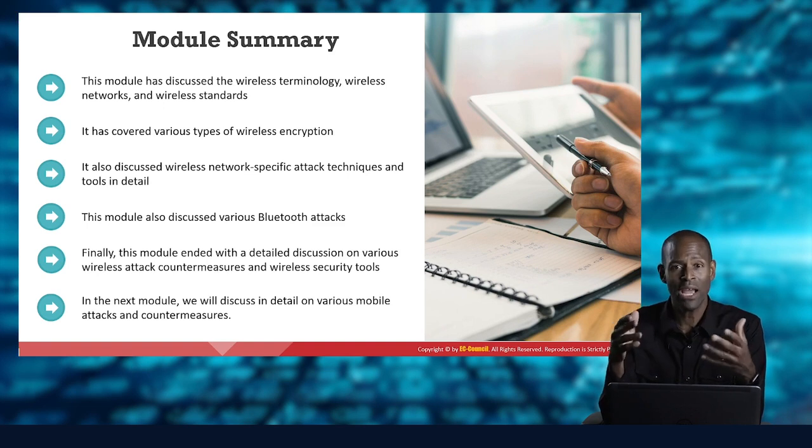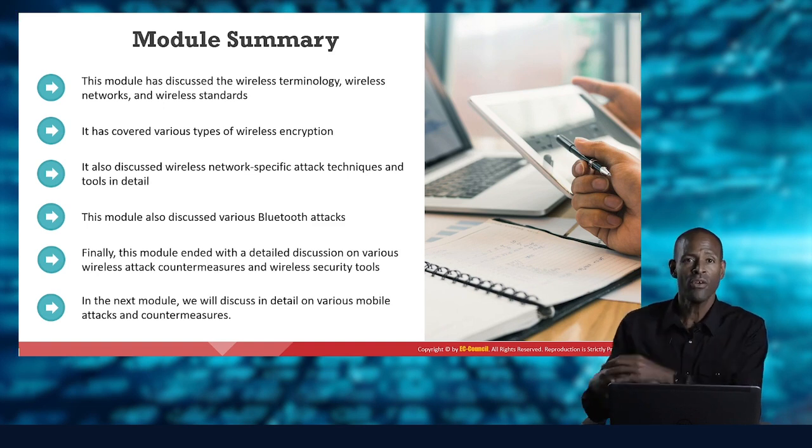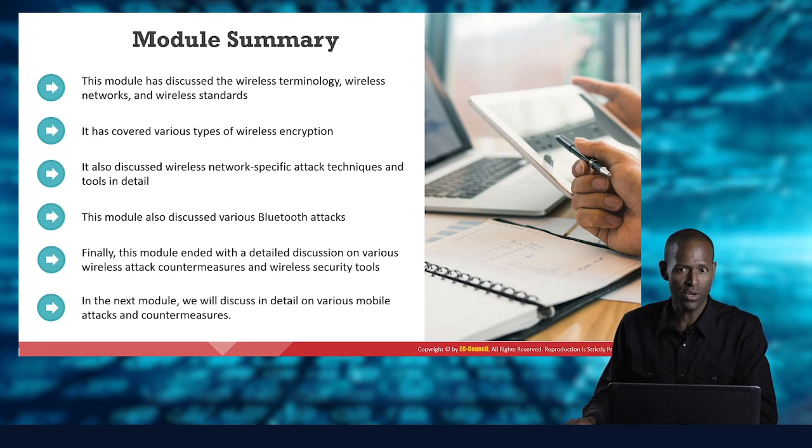And beyond Wi-Fi, there are other wireless protocols like Bluetooth that also need to be secured from attack. And we talked about some of the countermeasures that we could use to help secure our wireless. So that brings us to the end of the topics in this module for wireless.